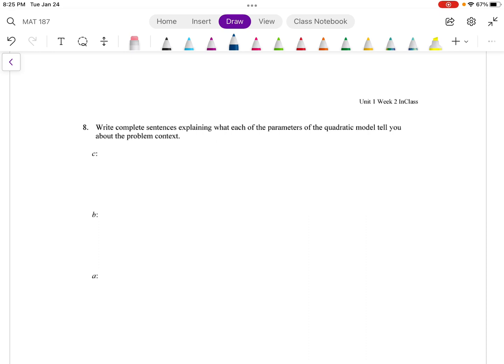All right, so if I look at what is C telling us, C is telling us in this particular context, the population at time 0. But I'm going to just write C in general is telling us the output at T equals 0.